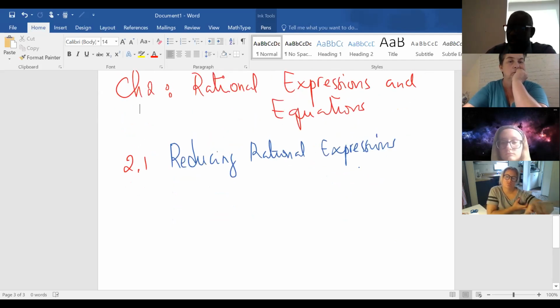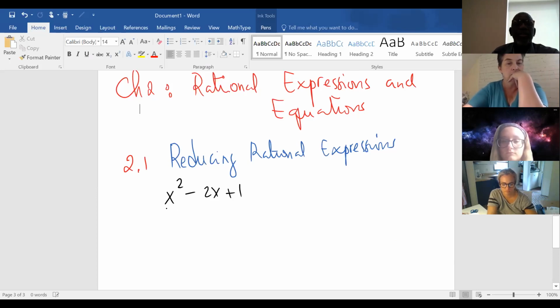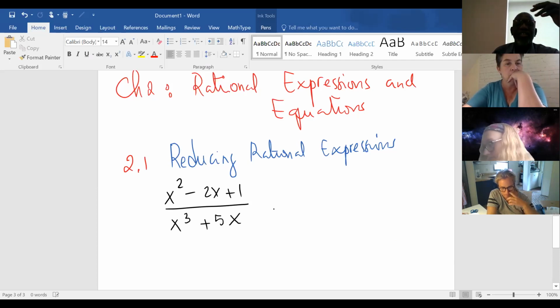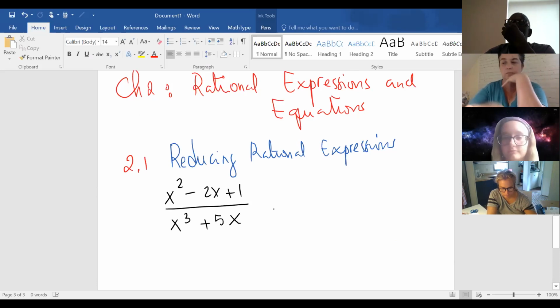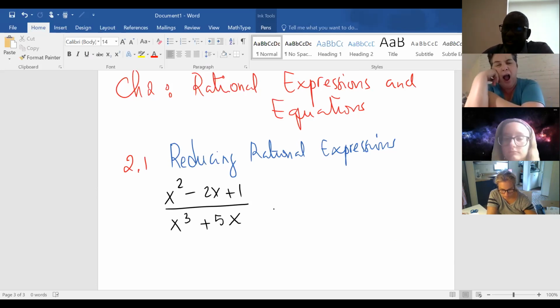For instance, x squared minus 2x plus 1 over x cubed plus 5x is a rational expression, because on the numerator we have a polynomial and on the denominator we have a polynomial.